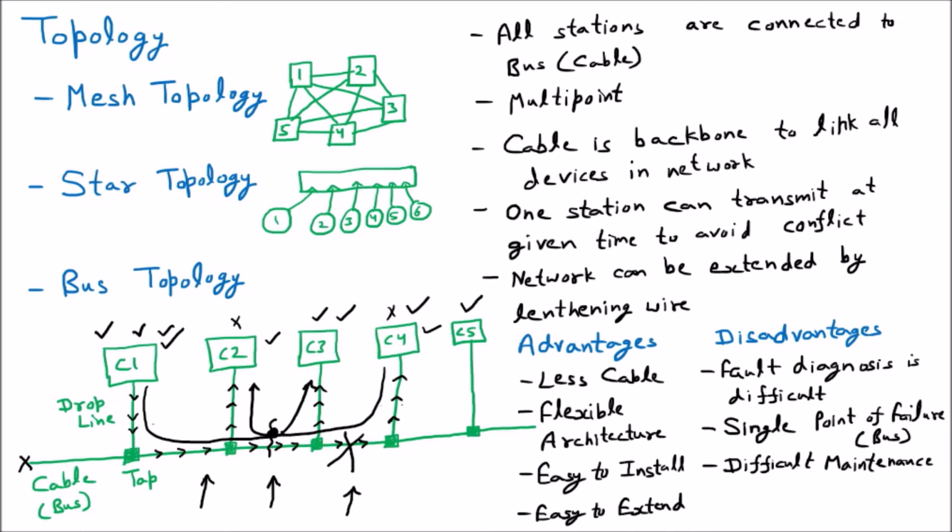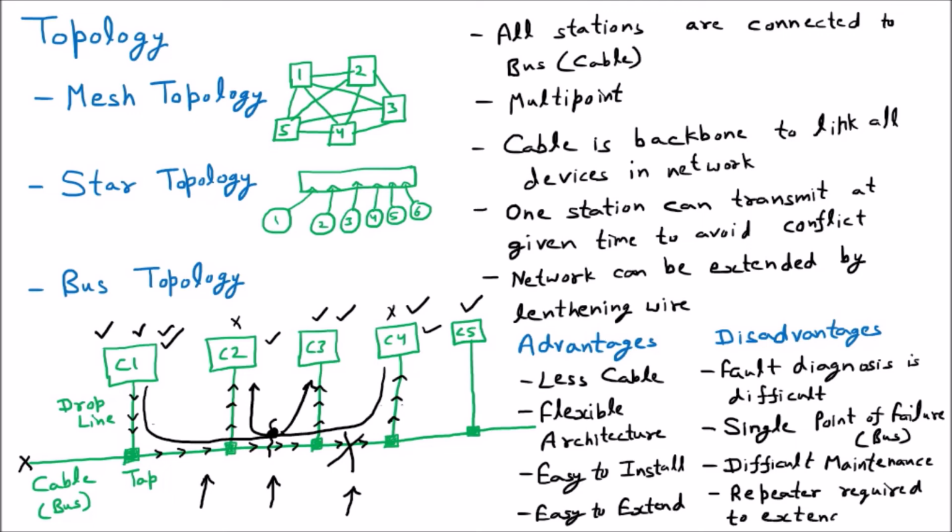So obviously it is very difficult to maintain. And one more thing, if we are extending the cable to increase the network, as we have learned, and we increase the cable to 100 km, will it have the same speed and the same bandwidth? No. So repeaters are required to extend the bus.